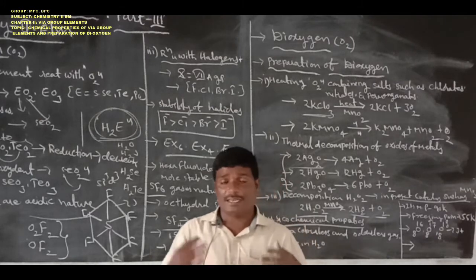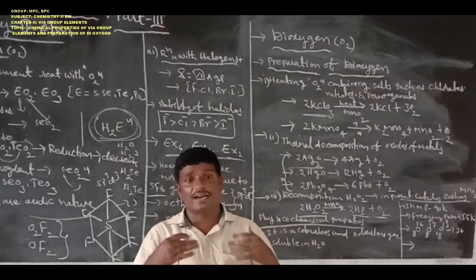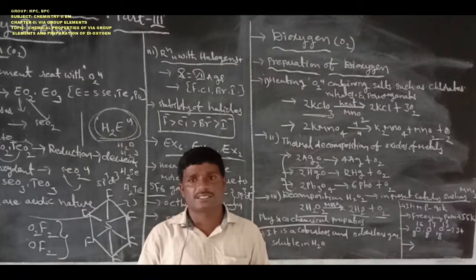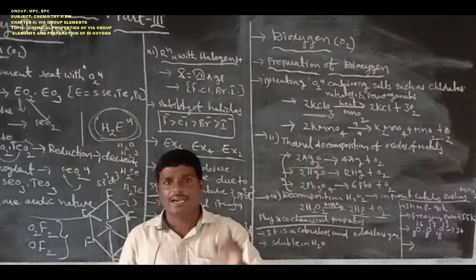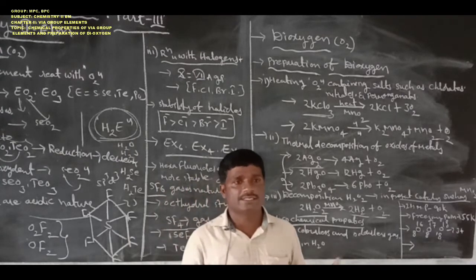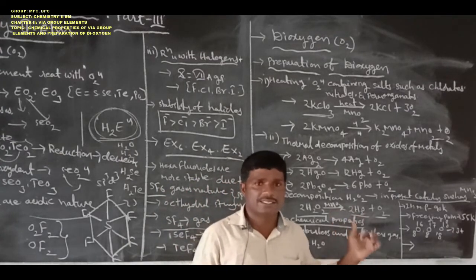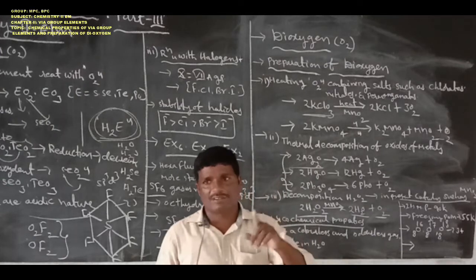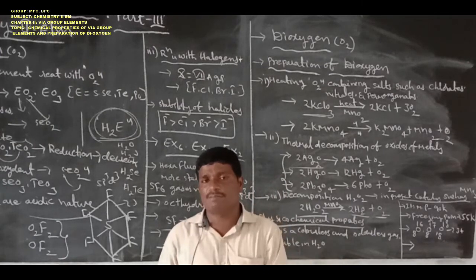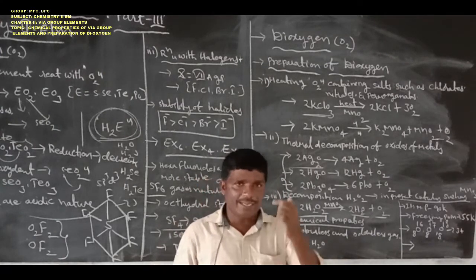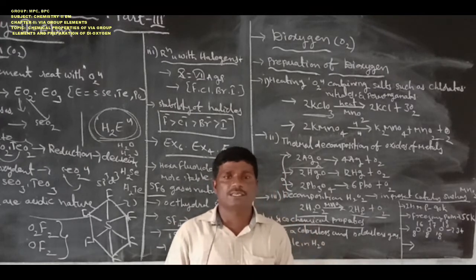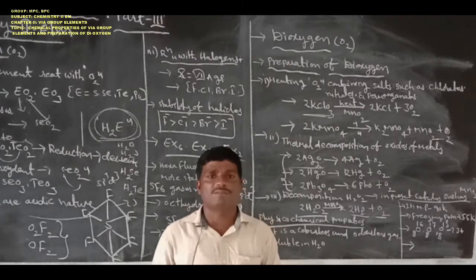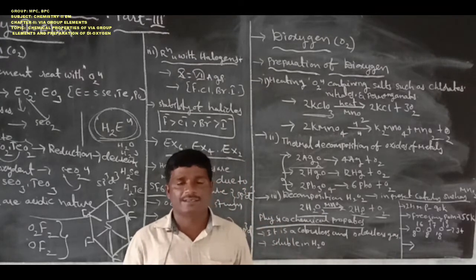Different metals and non-metals combine with oxygen to form dioxides, monoxides, tetroxides and pentoxides. Another one, sulfur dioxide combines with oxygen in the presence of vanadium pentoxide to form sulfur trioxide.